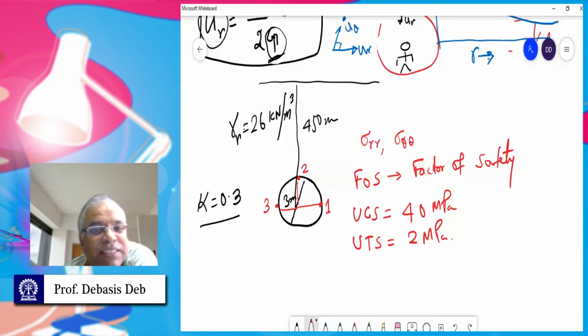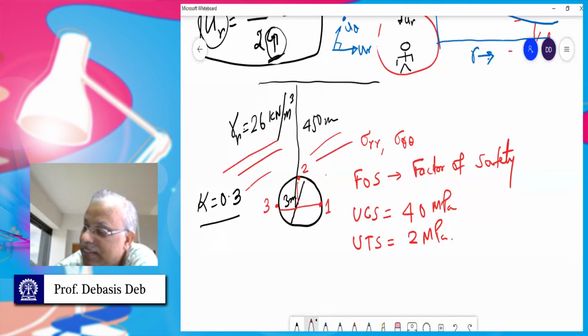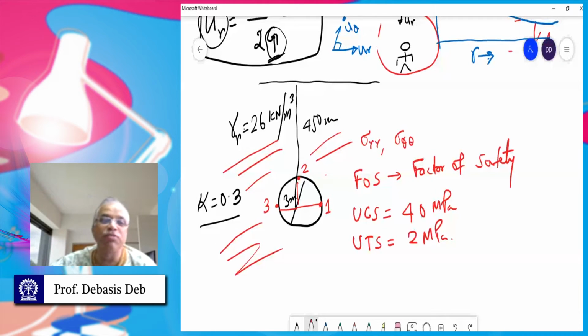You need to calculate sigma RR and sigma theta theta at these 3 points 1, 2, 3, where 1 is theta equals 0 degree, 2 is 90 degree, and 3 is 180 degree. And then calculate the factor of safety. I'll give you the definition, where UCS, the uniaxial compressive strength of this rock, is 40 MPa and UTS is 2 MPa.